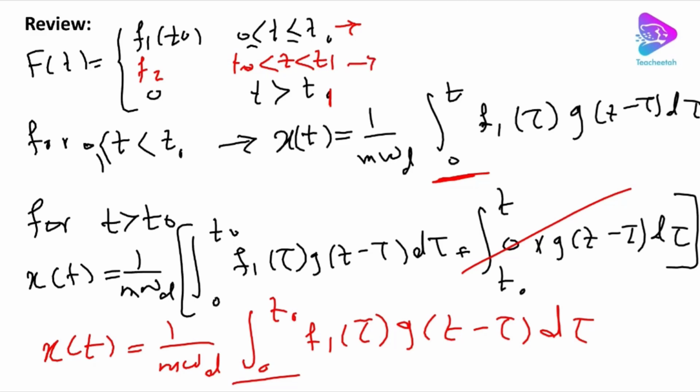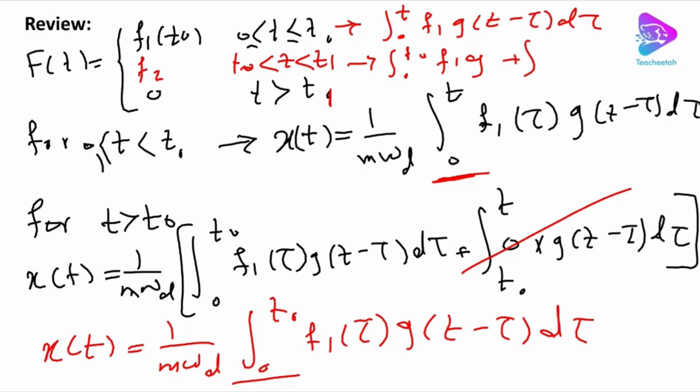For the first one, we integrate from 0 to t of f1 g(t minus tau) d tau. For the second one, it is the integral from 0 to t naught of f1 g, plus the integral from t naught to t of f2 g d tau. And for the last one, it is only from 0 to t naught plus t naught to t1, because the rest would be 0.